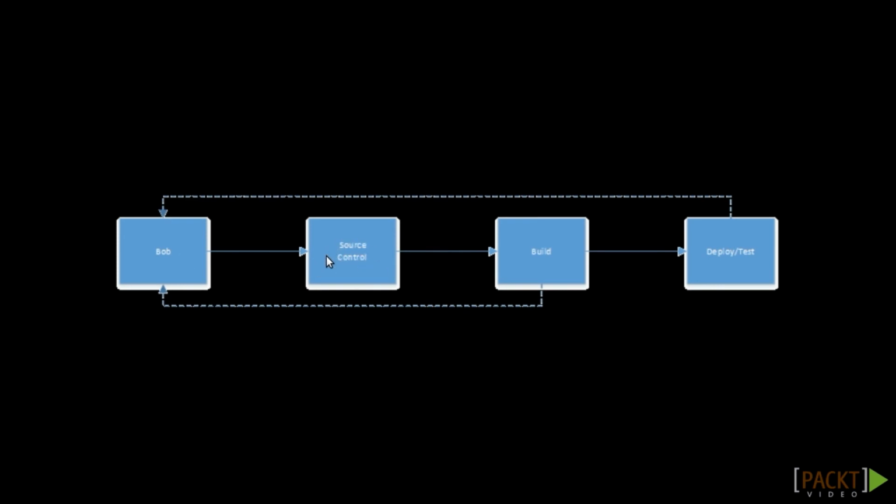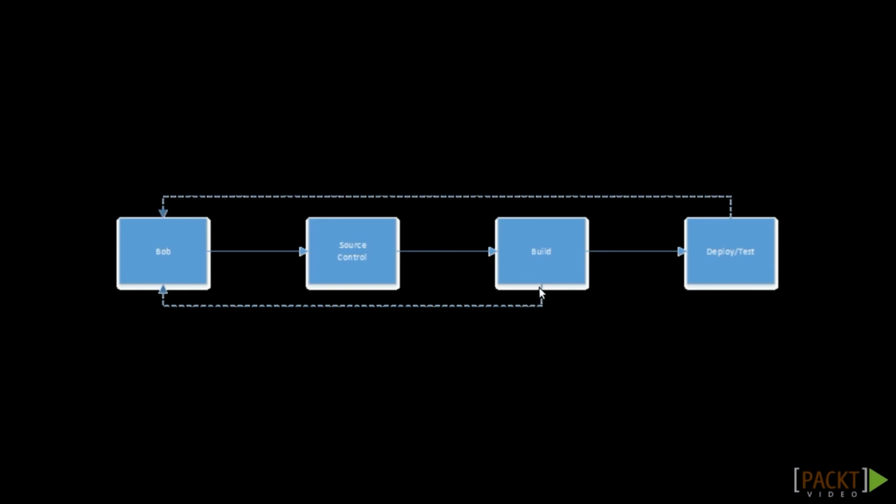This might be Subversion or Git or CVS or Perforce. And then at some point in time, there's going to be a build, and this build could be an automated thing using Maven, or maybe it's a manual type of build process. If you're taking this course, then you're probably going to want to use Gradle for that. But that's beside the point.